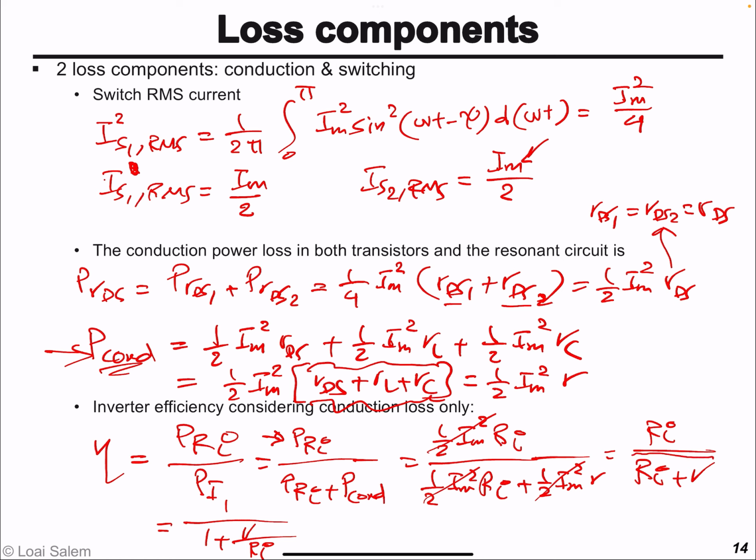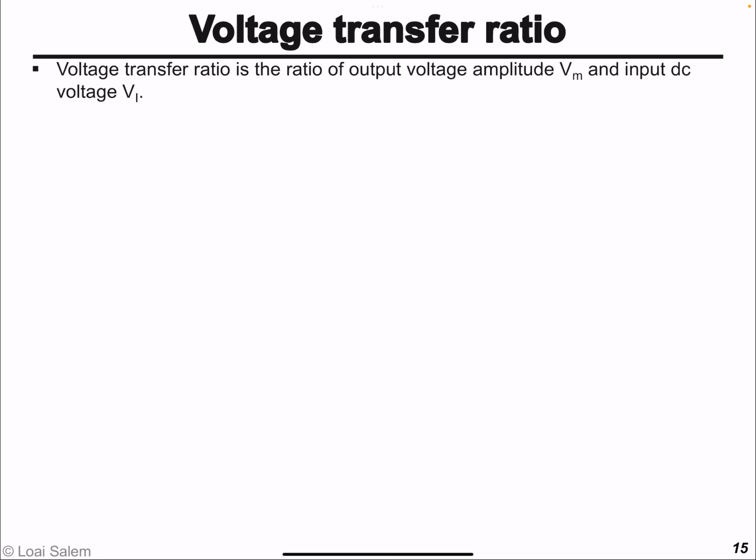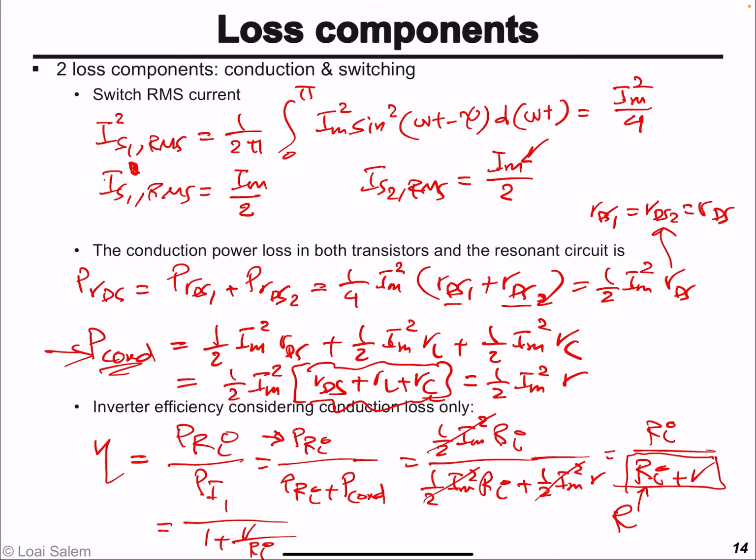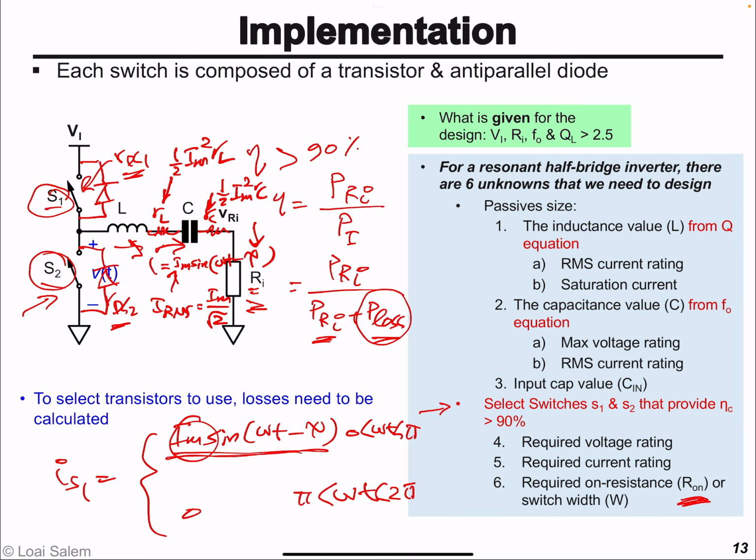By the way, in a previous video, we also called Ri plus R small is R. Okay. So two things here. This is a first order approximation for the efficiency because, as I mentioned, the conduction loss doesn't consider the losses that happen in these anti-parallel diodes.